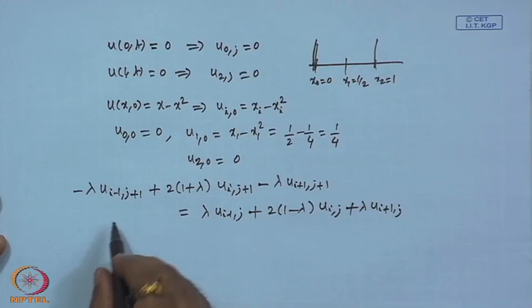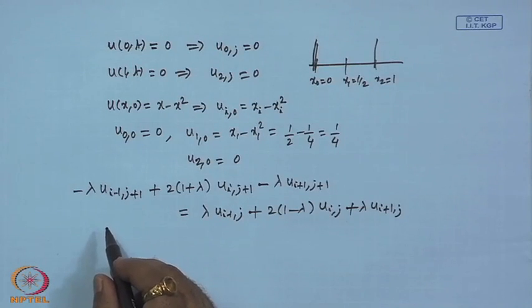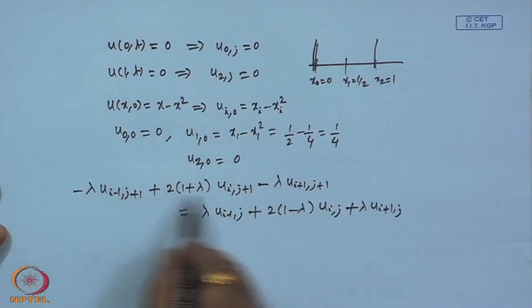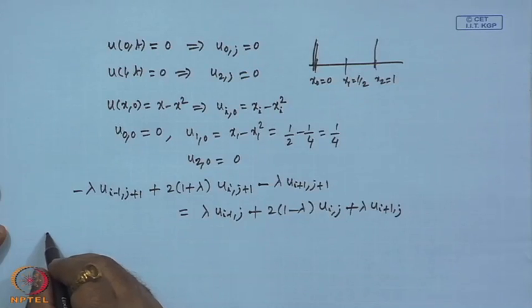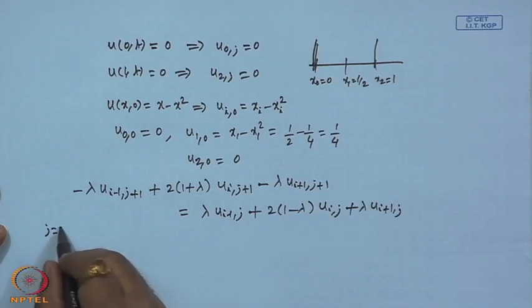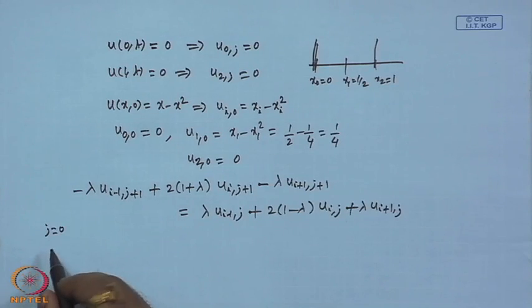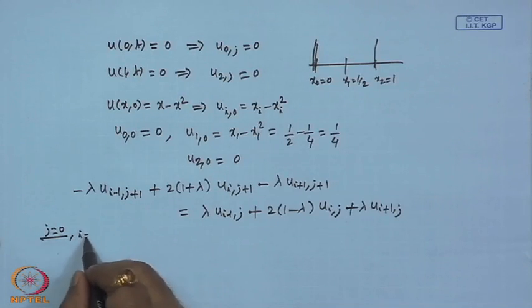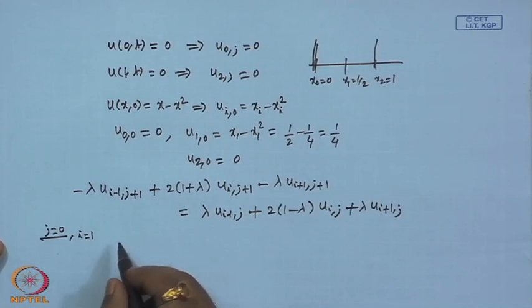So, this we run at, since lambda is 1, so this goes off. So, let us consider j equals 0. Okay. Then corresponding to i equals 1 we have.